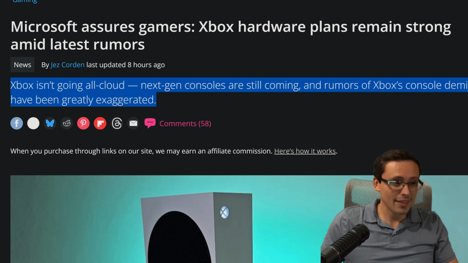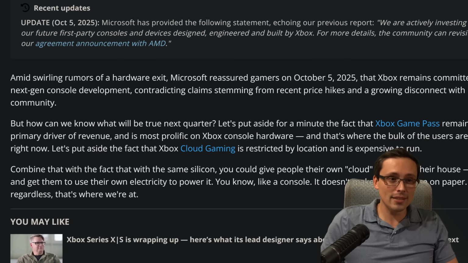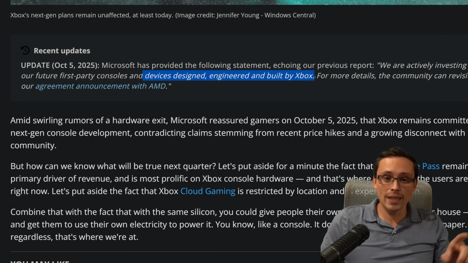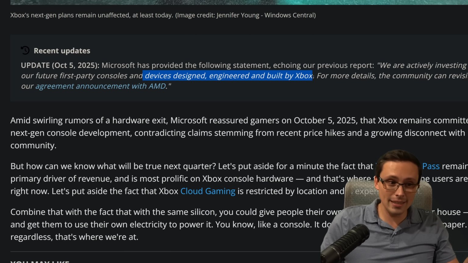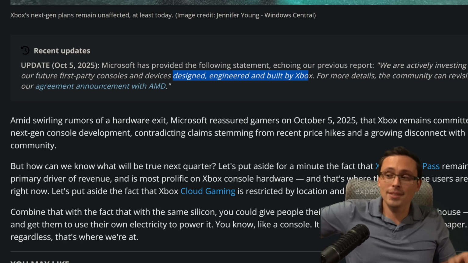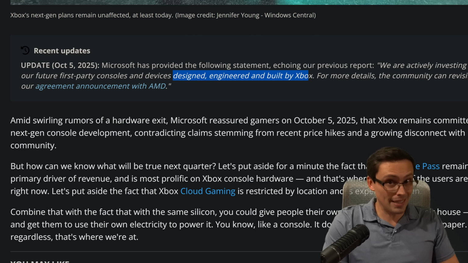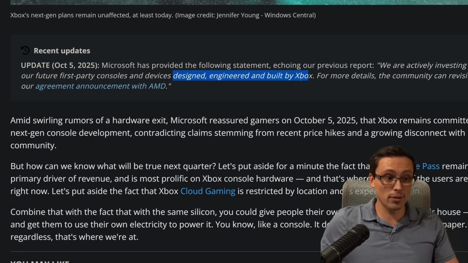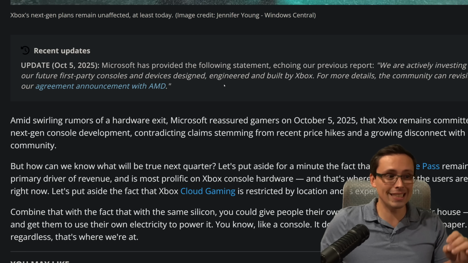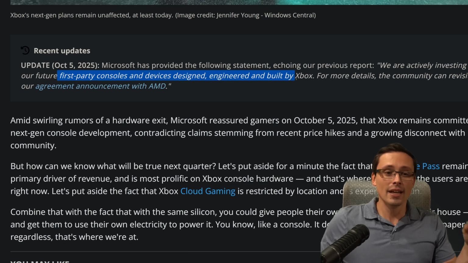That being said, I still think you could read this quote as still just being an Xbox PC, but one that is designed, engineered, and built by Xbox. So I'm still in the camp that this could very much be an Xbox PC, and that's where they're going, and we may not get an actual traditional console that is fully distinct from a PC, despite the fact that they're saying first-party consoles and devices.